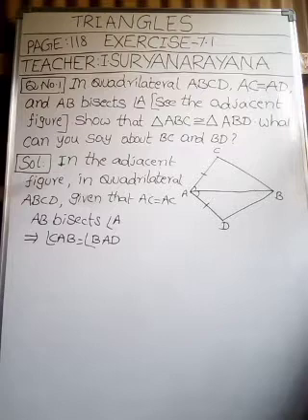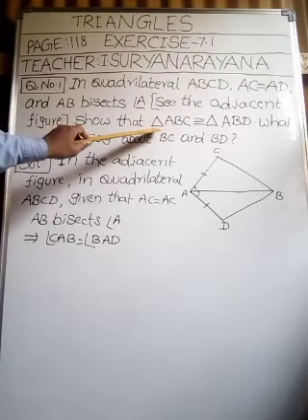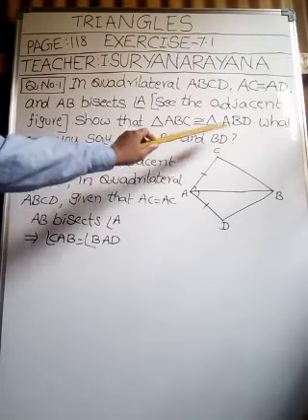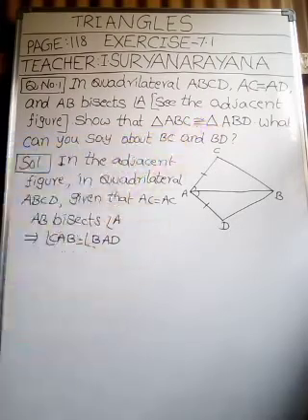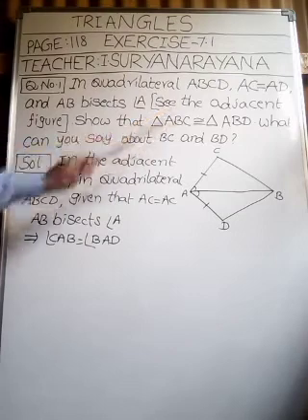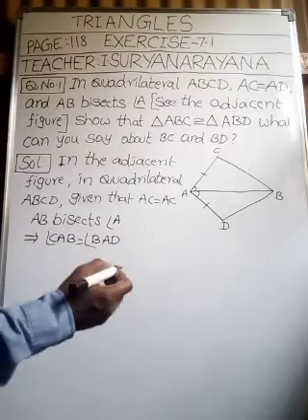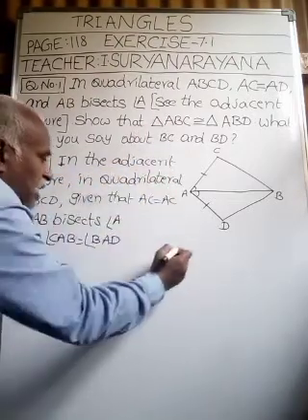Right. And also see the question. What is the question here? Triangle ABC is congruent to triangle ABD. It is also a hint for us. So we have to draw these two triangles side by side to compare the corresponding sides or corresponding angles.